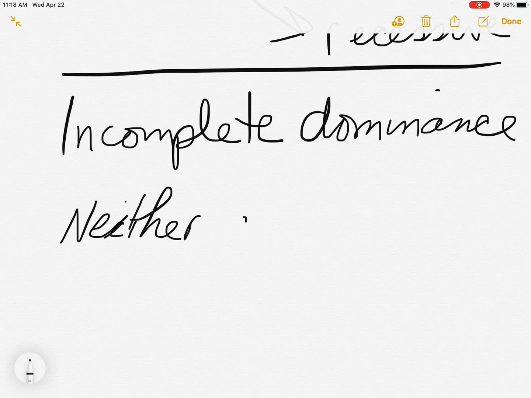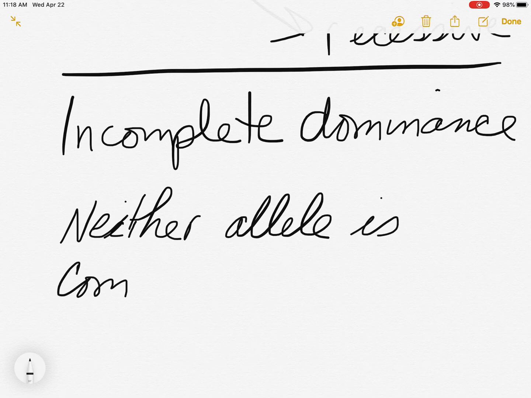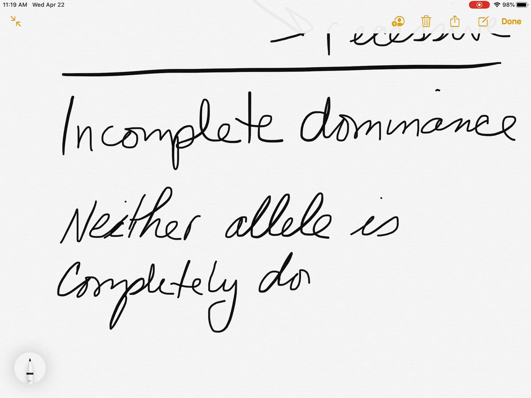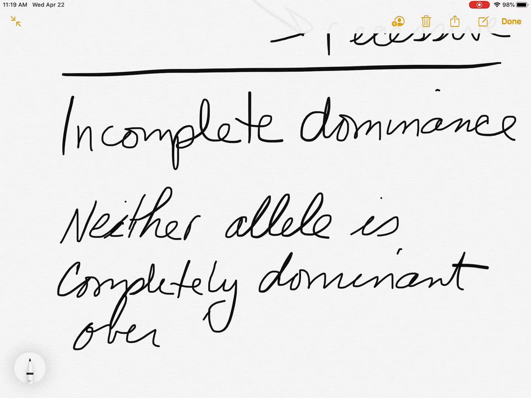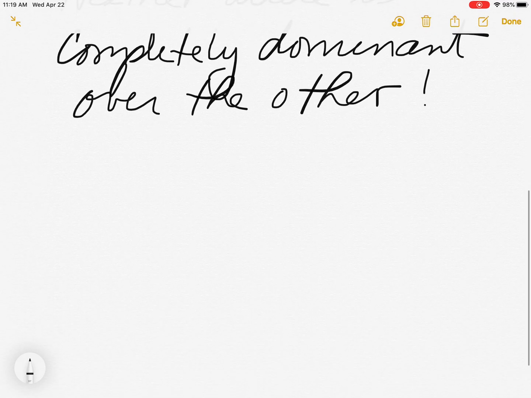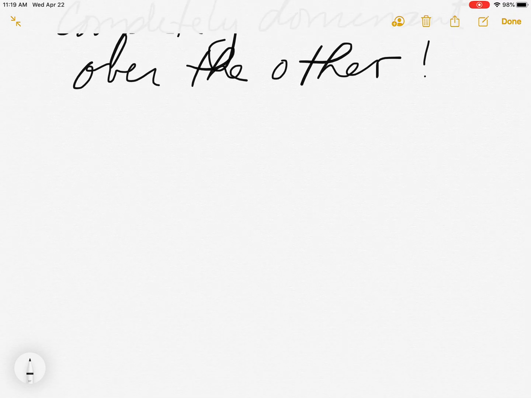So neither allele is completely dominant over the other. So what does this mean?